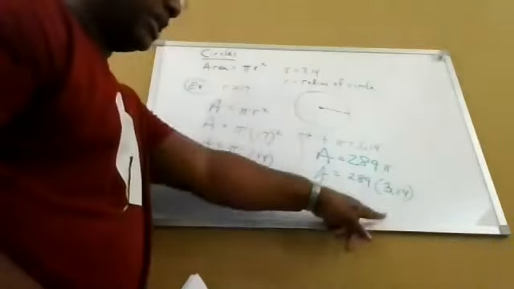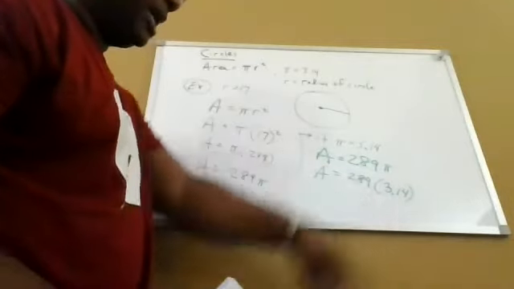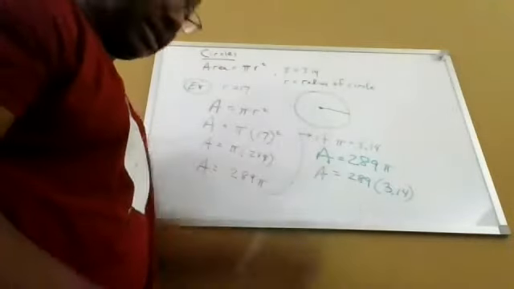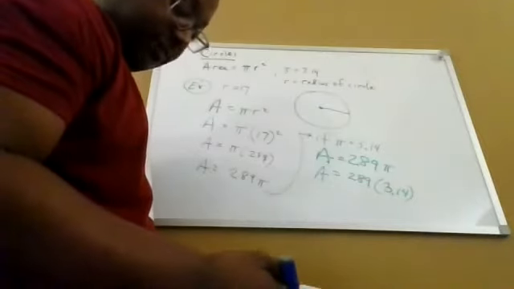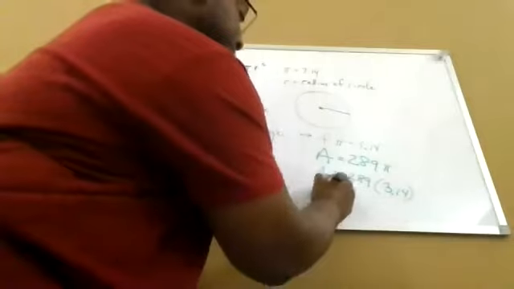And now we substituted in 3.14 for pi. Now we multiply 289 times 3.14, and that'll give us 907.46.